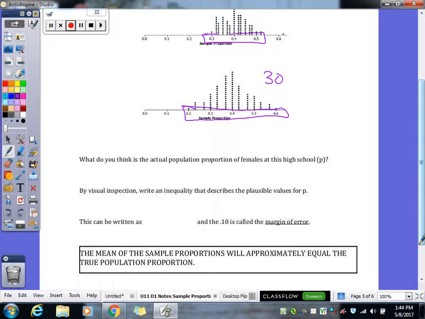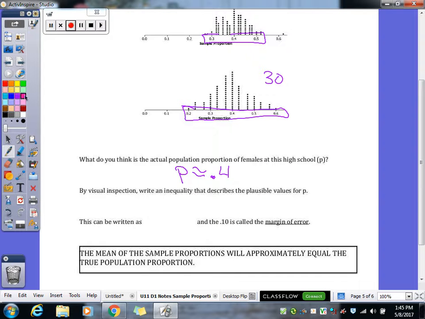Okay? So what do you think is the actual population proportion of females at this high school? What do we think our p is going to be? I would agree. I would say it's about 0.4. But by visual inspection, they want us to write an inequality that describes the plausible values for p.